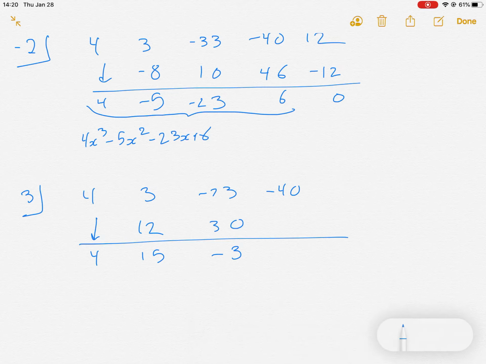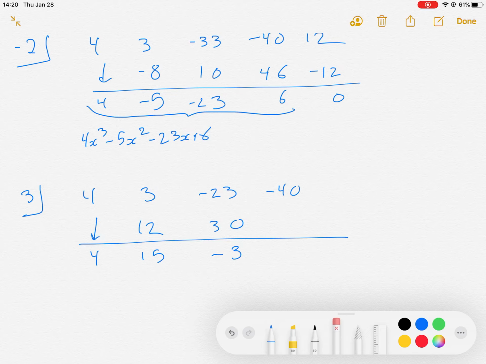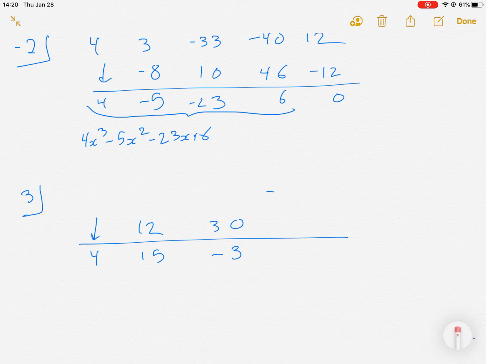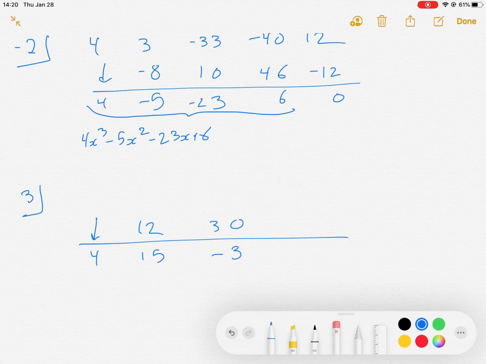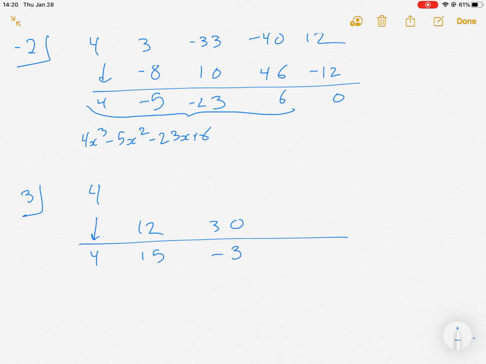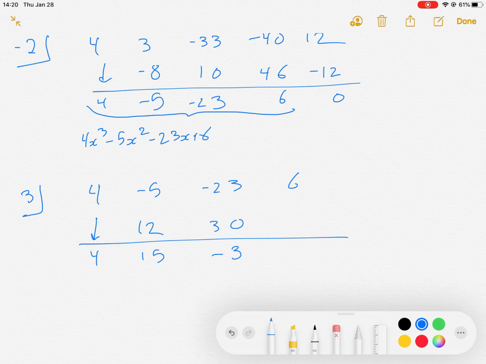I noticed that I wasn't going to get 0. Still not going to get 0. Oh, I see what I did. Pardon me, I was using the original polynomial for some reason. Okay, 4, -5, -23, and 6. There we go.